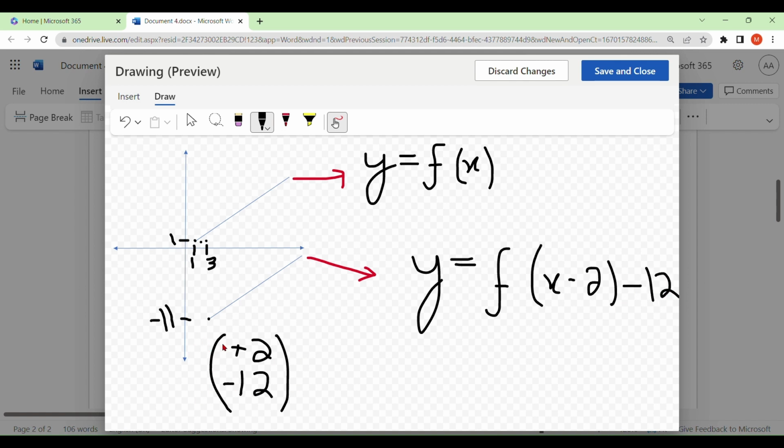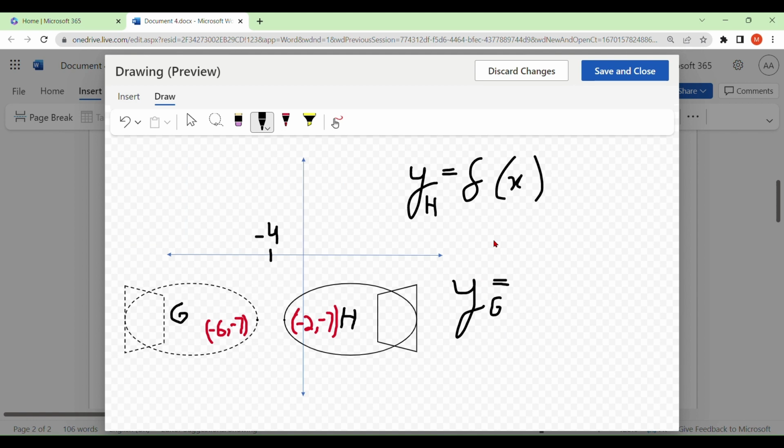Whenever the translation along the x-axis is positive 2, in the equation we write it as negative 2. You already know the reason, as the general form is x minus a. If the original translation along the x-axis is minus 2, we write it as plus 2 in the equation. The y-axis translation stays the same. If it's minus 12, we write it as minus 12 outside the bracket. So there we have it.